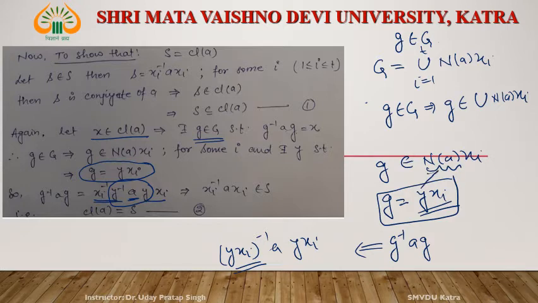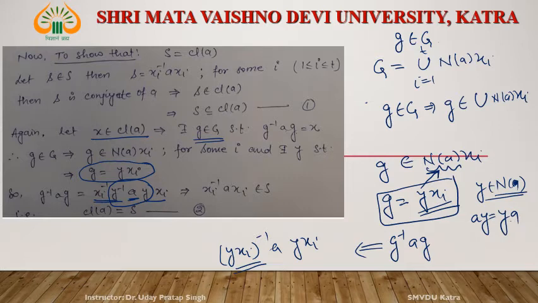Y is an element of NA, and NA contains all those elements which commute with A, so AY is equal to YA.